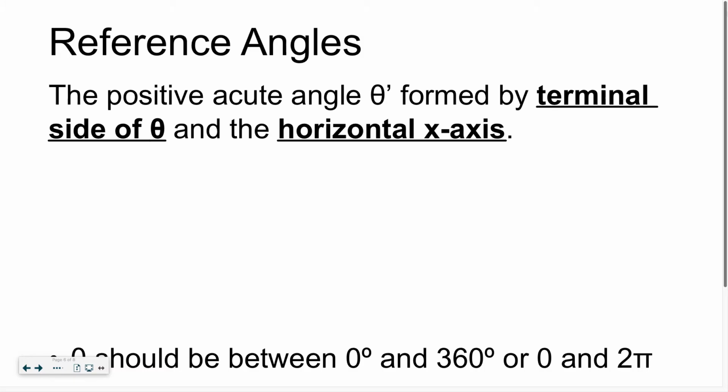So one thing to note about reference angles, your answer to a reference angle has to be two things. It's got to be positive, so negative answers no good for reference angles. And then it also has to be acute, so it's got to be between 0 and 90.